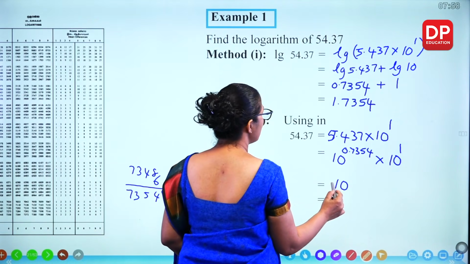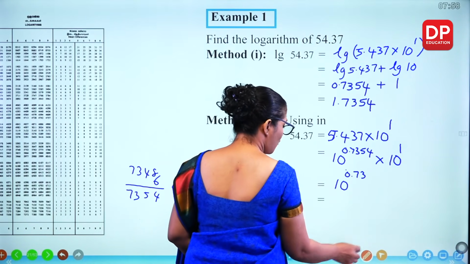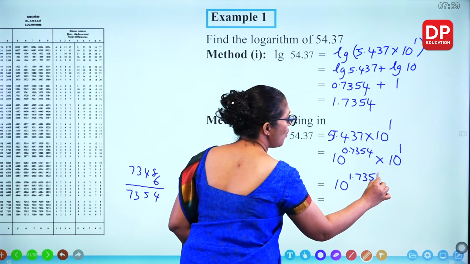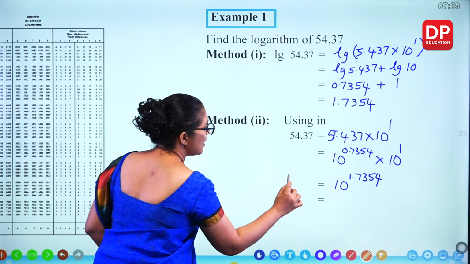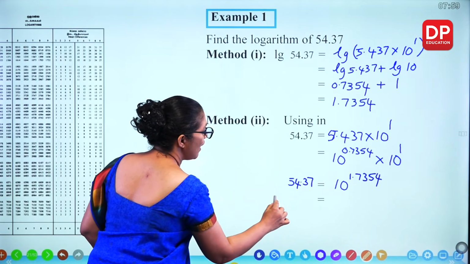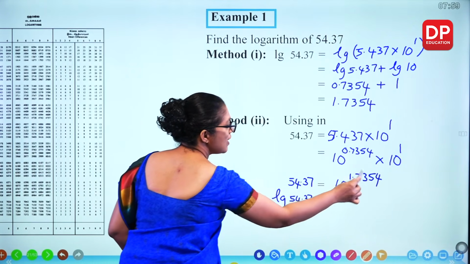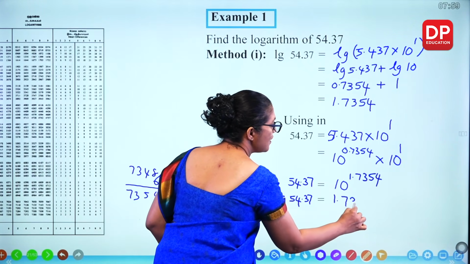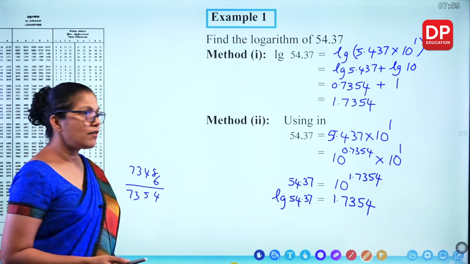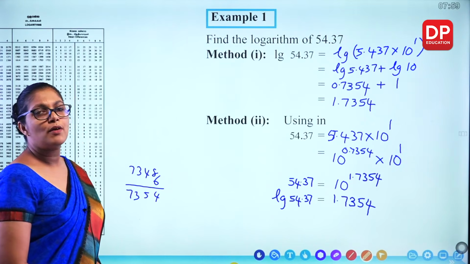So 10 to the power 1.7354. When you take the log value, LG of 54.37 is this number, 1.7354. So you can use either laws of logarithms or index laws to find the logarithmic value.